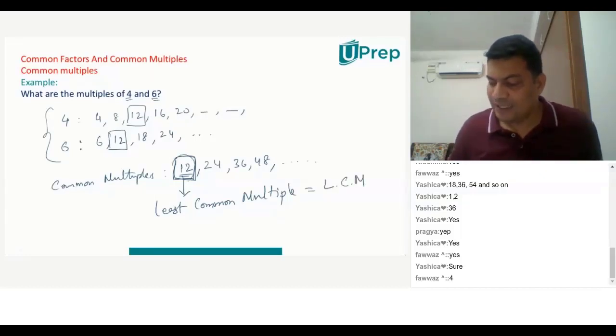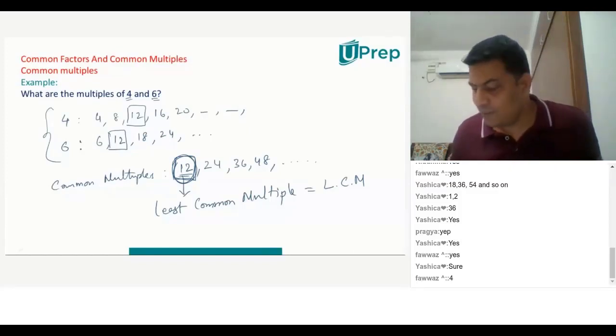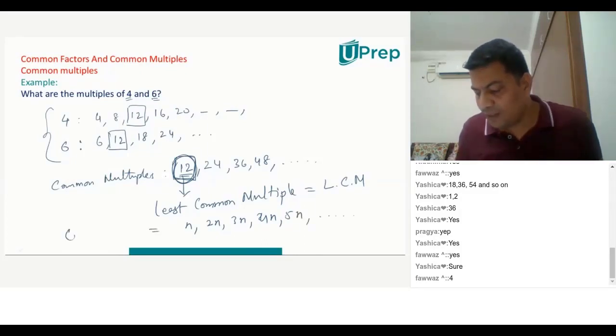If the least common multiple is, let's assume, a number n, then the common multiples will be n, 2n, 3n, 4n, 5n, and so on. These are nothing but common multiples.